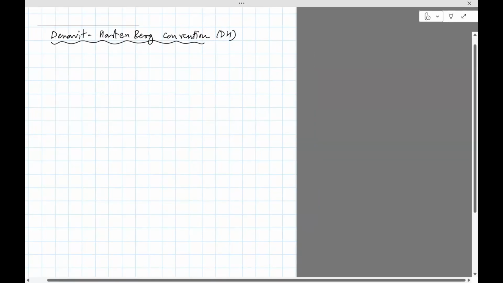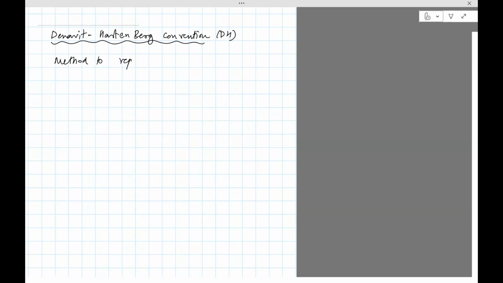Okay, so this is a method to represent the kinematics of a three-dimensional manipulator. It could also be a 2D manipulator.